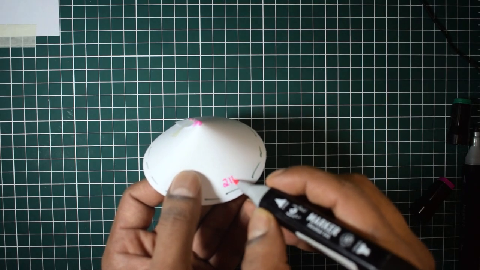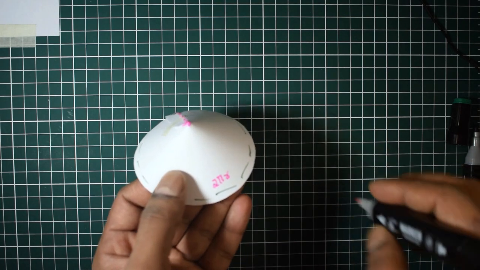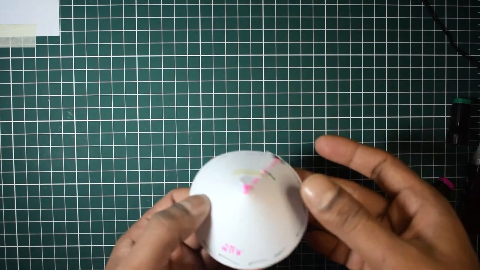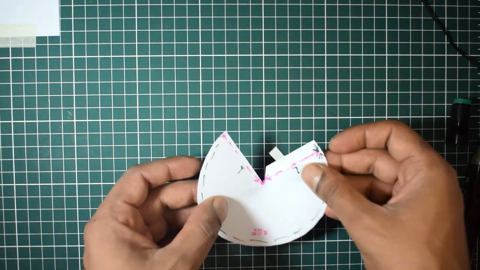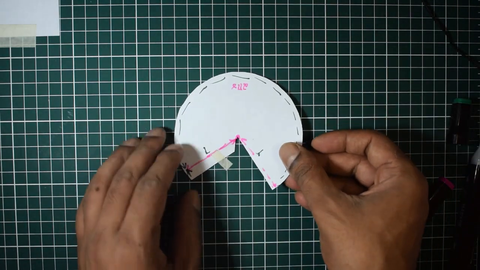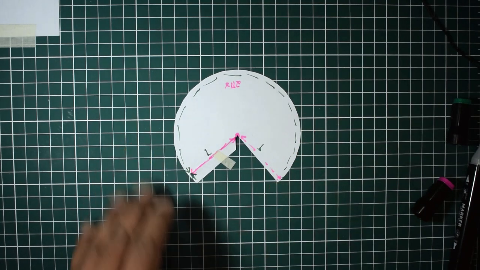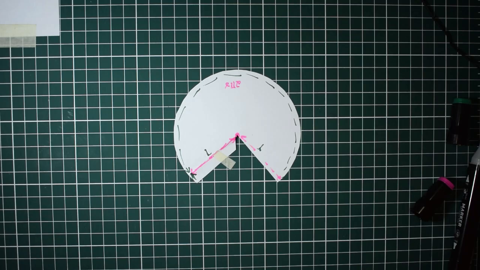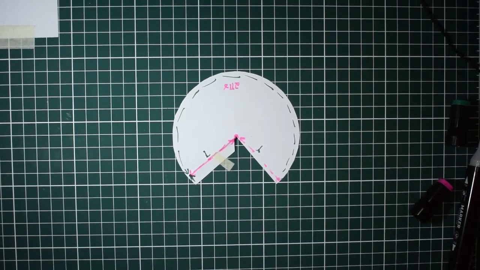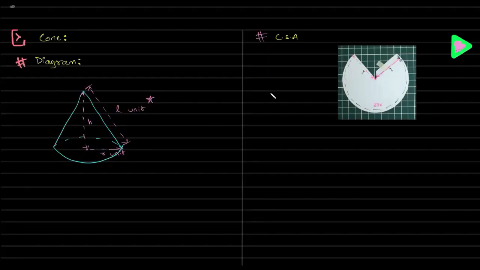Since it's a circle of radius r, it will be 2 pi r. Okay, now let's have a look at it by opening it up. How does this look like? What do you think it looks like? Any idea? It looks like part of a circle, is it not?